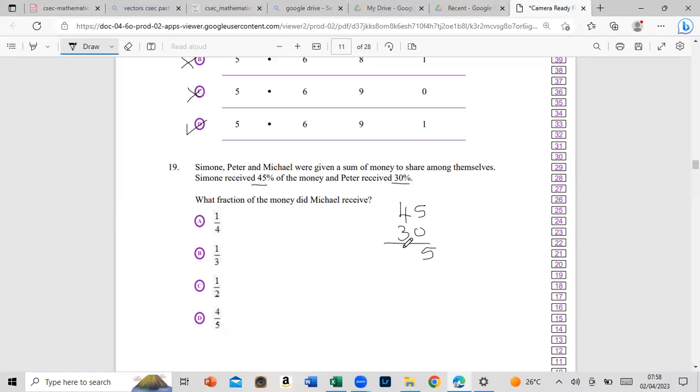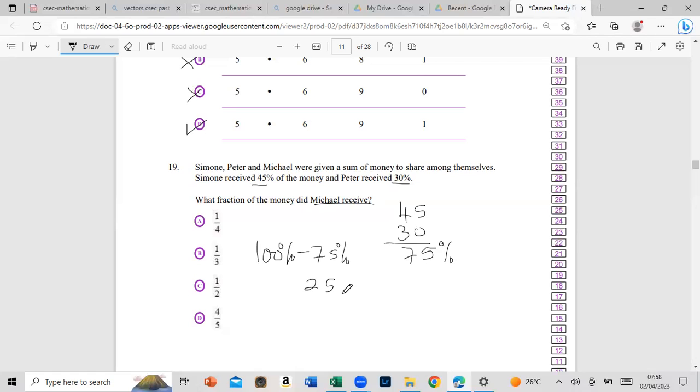And remember, this is percentage. So they got 75%. Alright. So that means Michael, percent means out of 100, so it will be 100%. That's the total that was shared. The two got 75%, but the remainder would be his, right? So that gives him 25%.